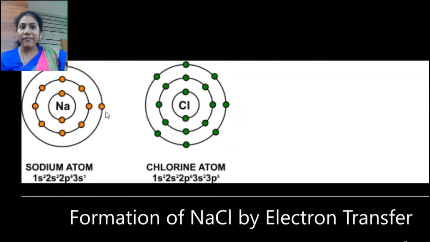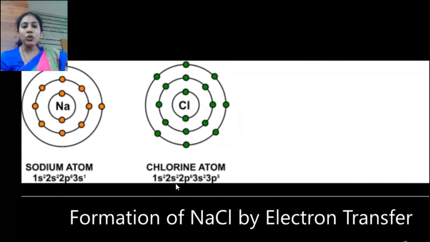In the third shell you have 1 electron, observe this. And this is your chlorine atom, first shell 2 electrons, second shell, and in the third shell, okay, you have 5 electrons. Okay, 5 plus 2, that is 7 electrons you have. Sodium atom, sodium's electronic configuration, first shell, second shell and third shell.